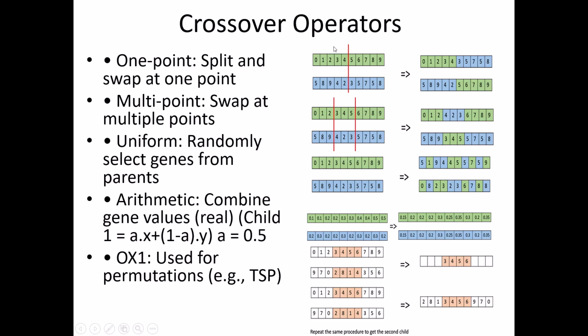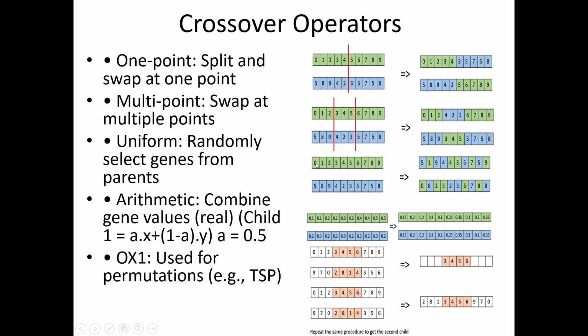One point is where we fix one point and do the crossover. See here, we have some chromosome, right? We choose one point here, and we just cross over this. Multi-point, we can have a lot of points, that is two or more points. Here I have taken 2 points, and we just cross over these points like this, right?